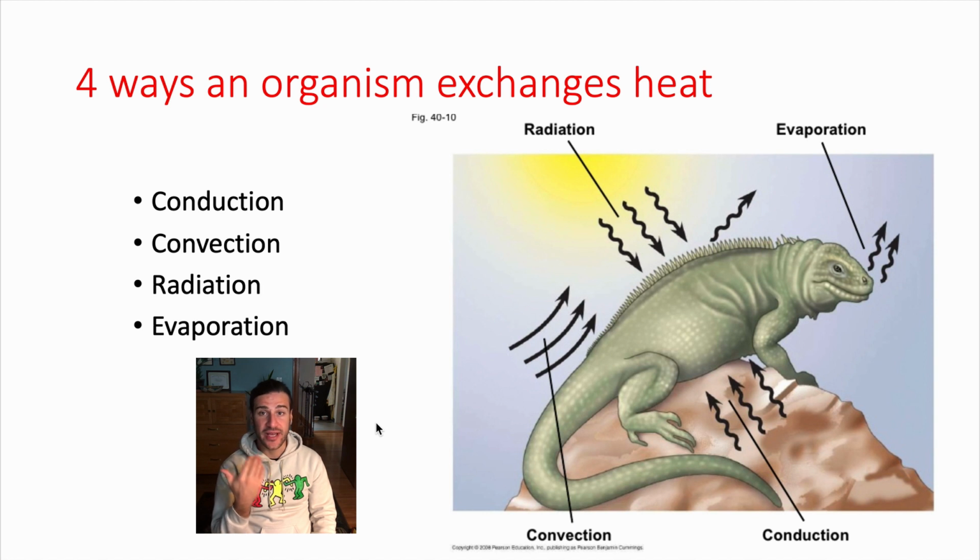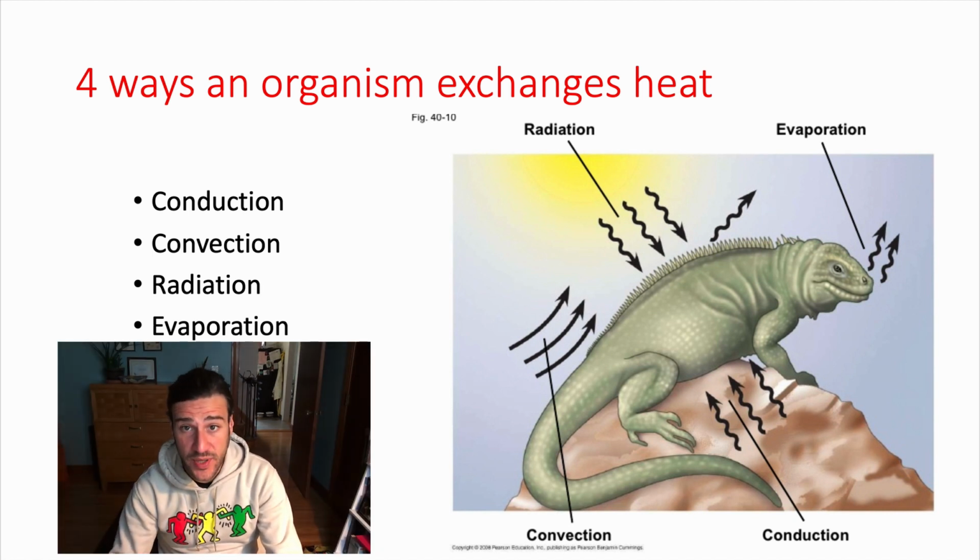They stick out their tongue, and the large surface area of their tongue has obviously a lot of saliva. That saliva is going to evaporate, and they are going to exchange a lot of heat through their tongue. So conduction, convection, radiation, and evaporation.